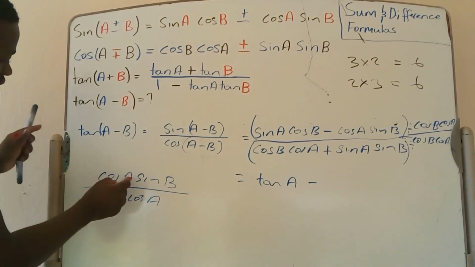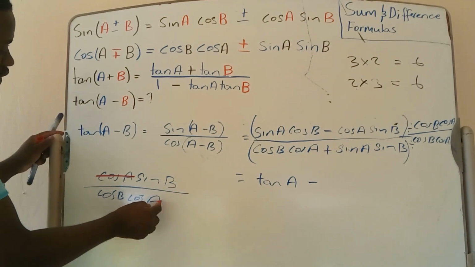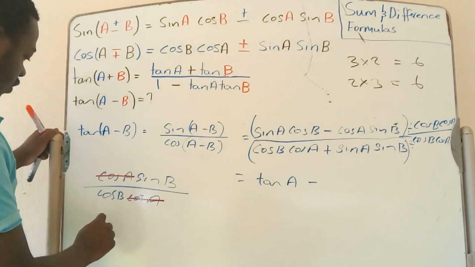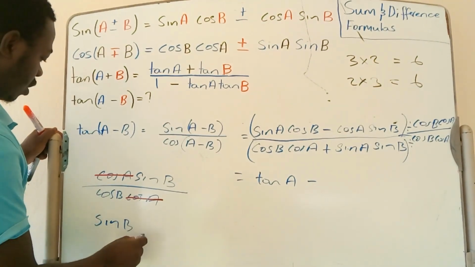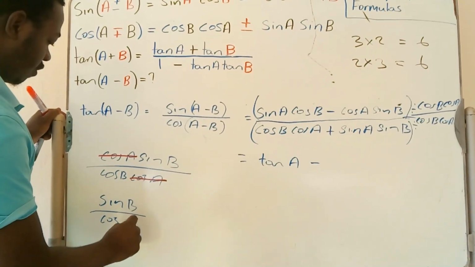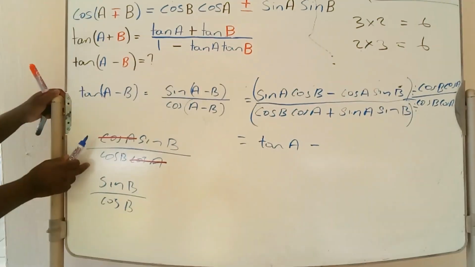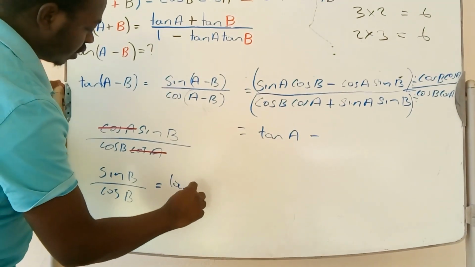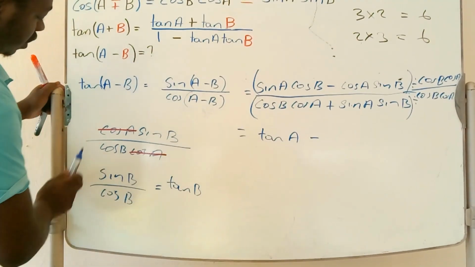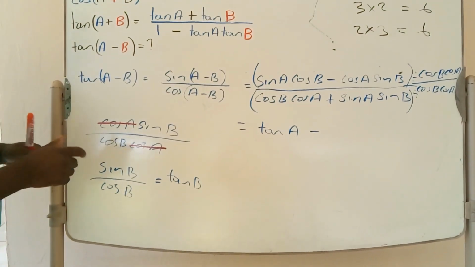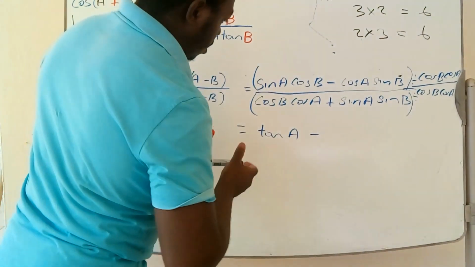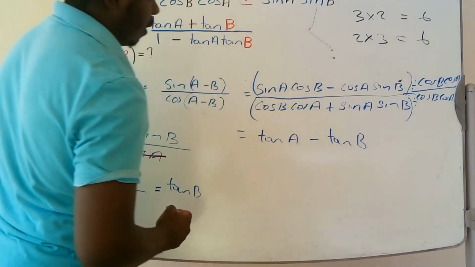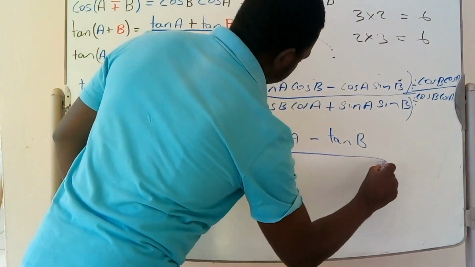So this cos A in the numerator can cancel out this cos A in the denominator. All I'm left with is just sine B over cos B. But what does sine B over cos B equal? This is just equal to tangent of B. So I'm going to write minus tangent of B, right? All of that over the denominator.